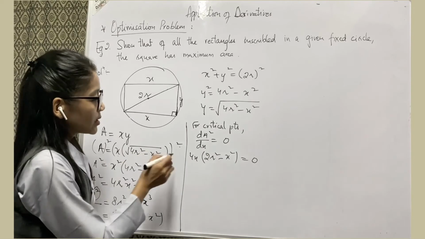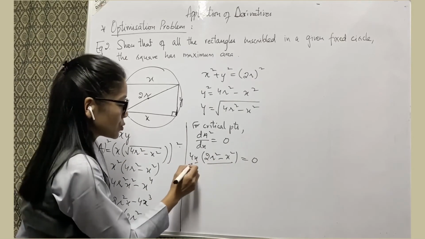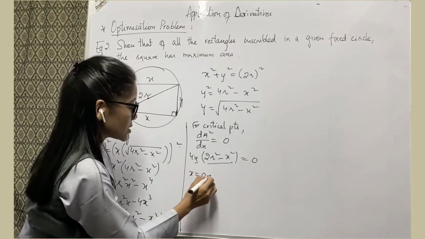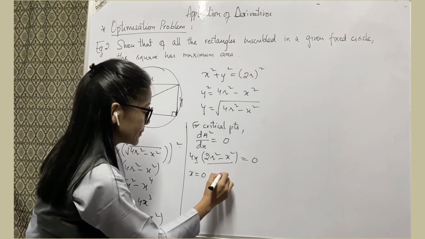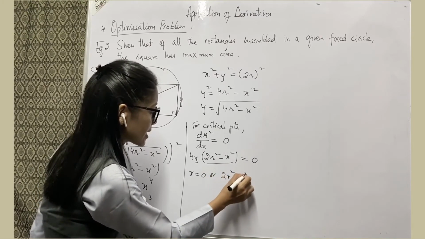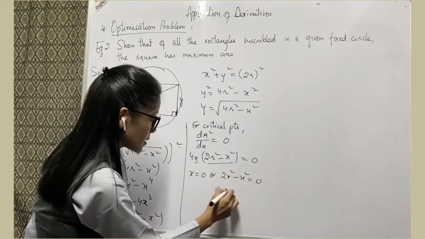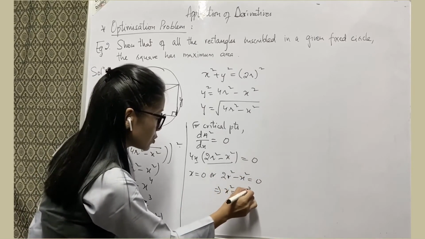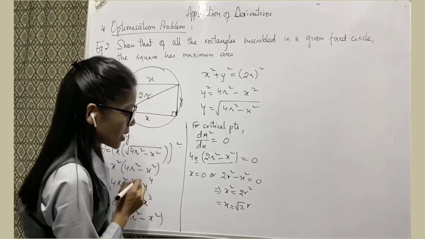Now either this has to be 0, since 4 is a non-zero term, or this has to be 0. So you get x equal to 0, or 2r squared minus x squared equal to 0, which implies x squared is equal to 2r squared. So x is equal to square root of 2 r.